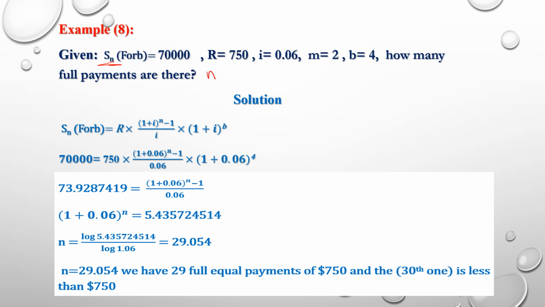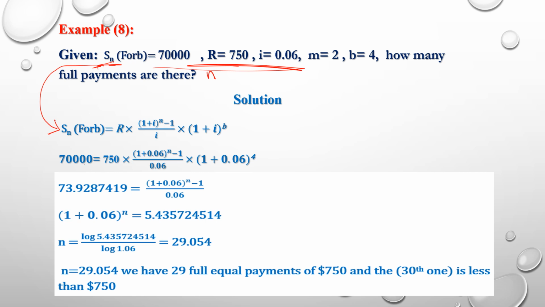And this is by using the formula of the future value of the forborne ordinary annuity, which equals R times ((1 plus I) power n minus 1) over I times (1 plus I) power b. By substituting these quantities in this formula, we get $70,000 equals 750 times (1 plus I), which is 6%, power n, we don't know n, so we need to find n, minus 1 over I times (1 plus I) power 5.